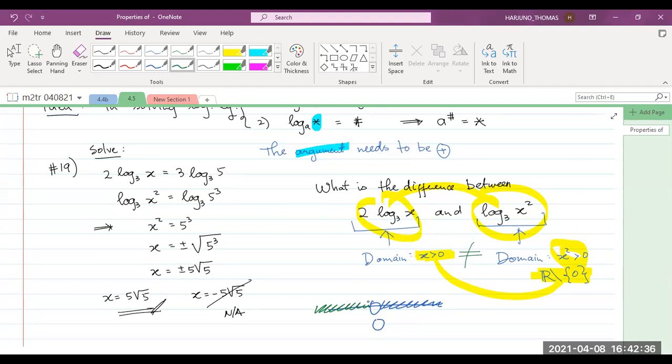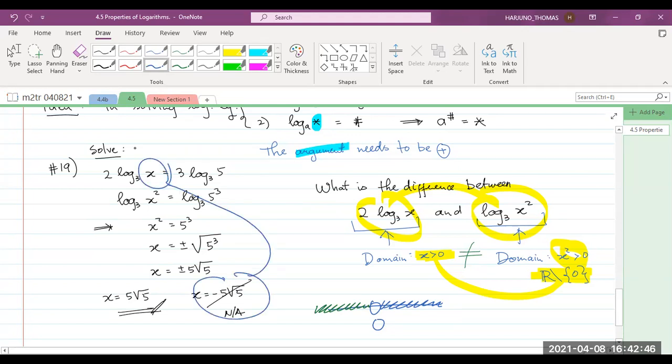Now, how to overcome that extraneous solution? Do the final check. Once you get the solution, you check it against the original equation. Again, what we did here is we changed this using property number 3. But in this step, the domain actually gets larger.